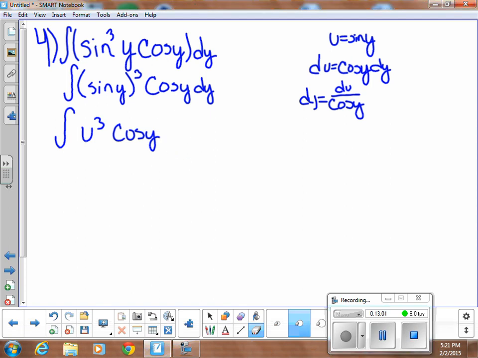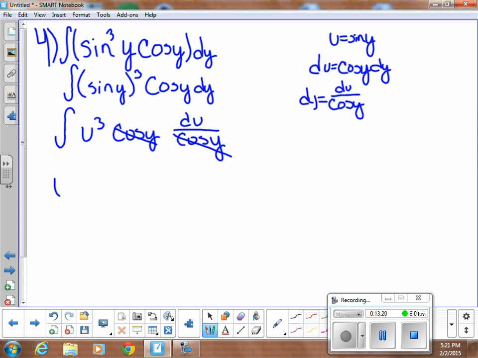So it'd be u cubed cosine y du over cosine y. So our whole point here is those cosine y's need to go away so that I have only one variable that I need to integrate. And so the y's do cancel.